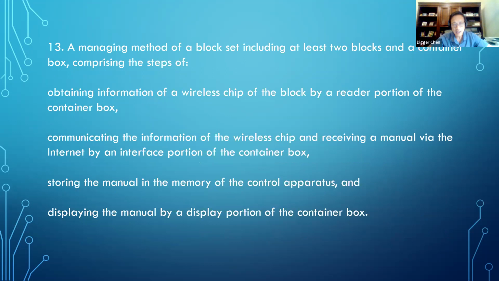Claim 13 is a method. It is called a managing method of a block set. So here is a dramatic difference. In the patent world, there are two different kinds of utility patents. One we call product or composition claims. The other is called method invention.